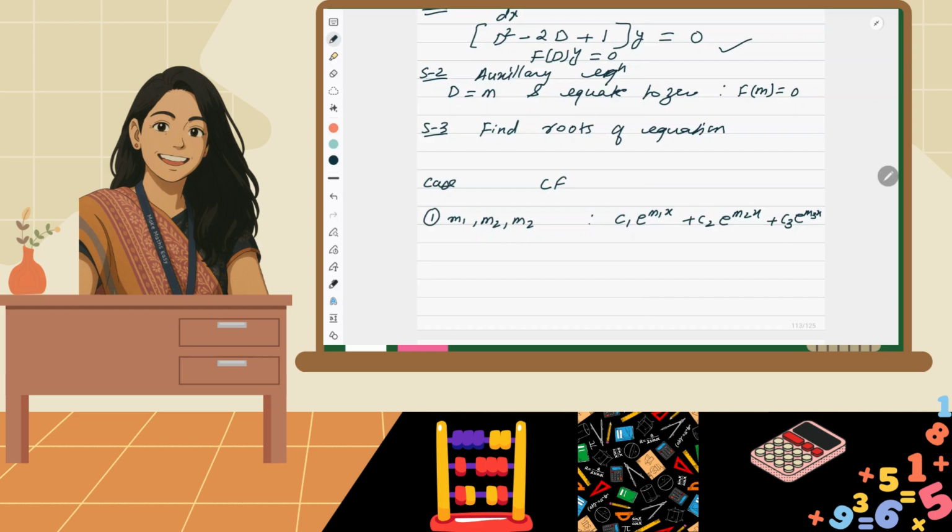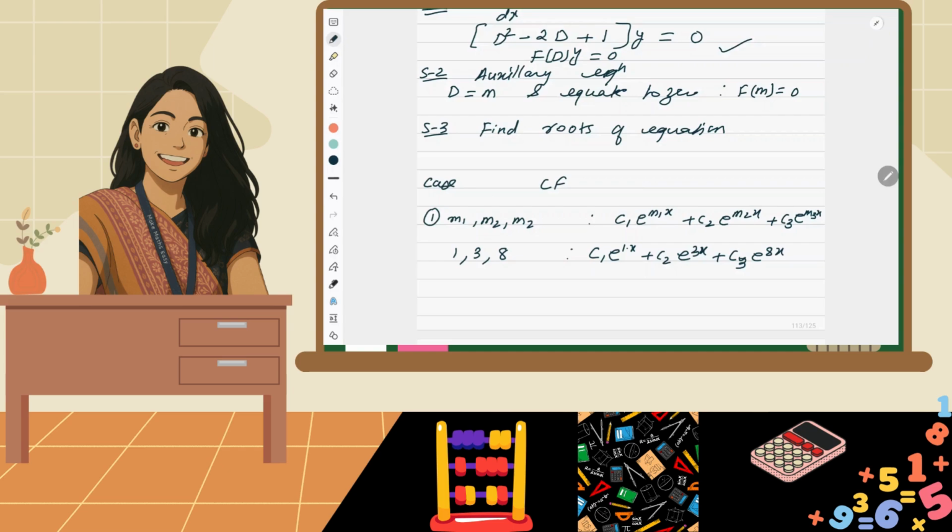Let me take an example. Suppose 1, 3, 8 are the roots. Then you write c1 e^(1x) plus c2 e^(3x) plus c3 e^(8x).